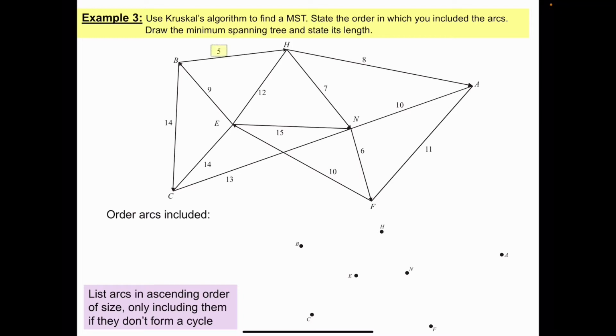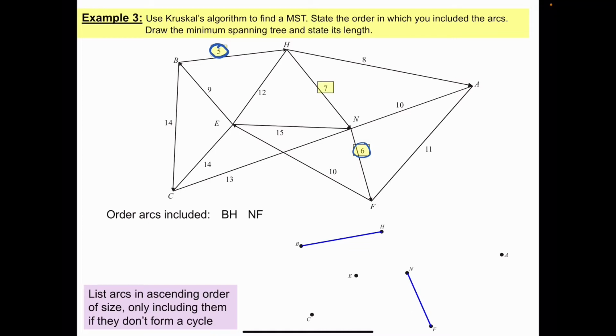So the shortest possible is number 5, that is BH, and I can add it to my network because it's the first one possible. So this one is added, so I put a circle around that one. Next one is 6, that is NF, that is also added there, so I count this one.